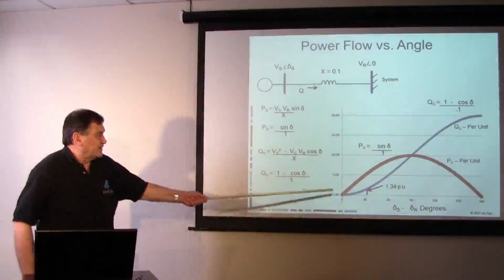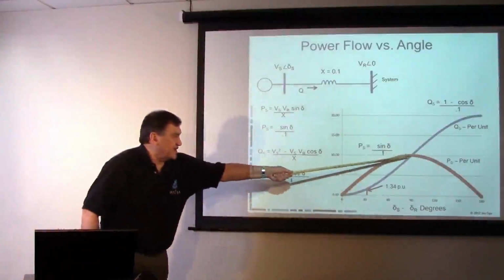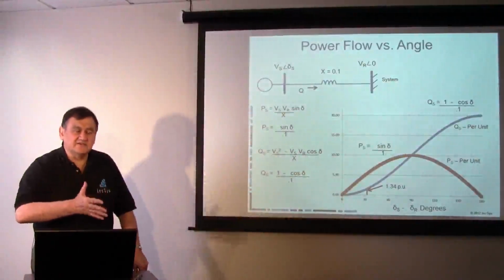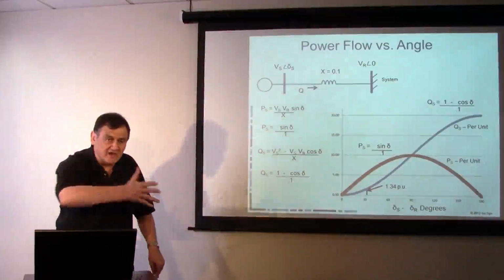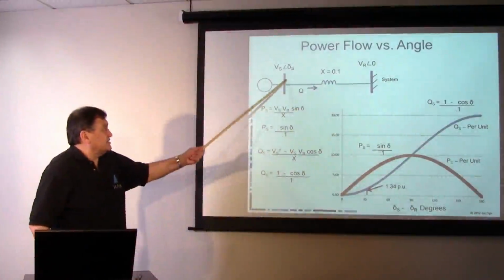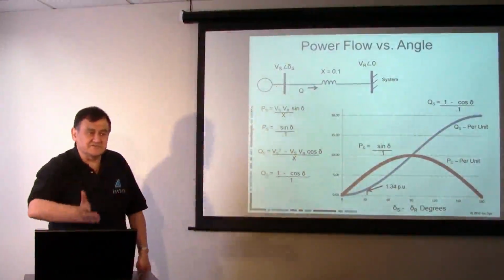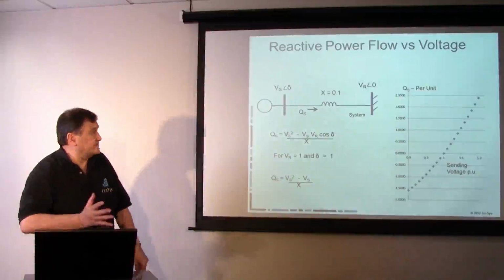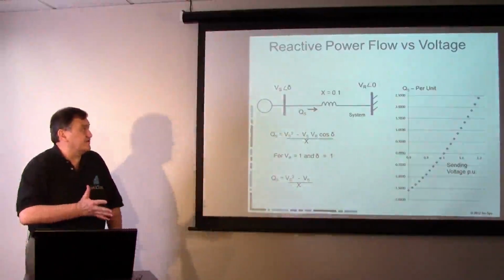So even if we don't go through all the math, I want you all to understand the basic characteristic of how the power flows versus angle. So we talk about megawatts flowing downhill on the angle. For megawatts to flow on that line, the angle at the sending end has to be more advanced than the receiving end. We talk about megavars flowing downhill on the voltage.